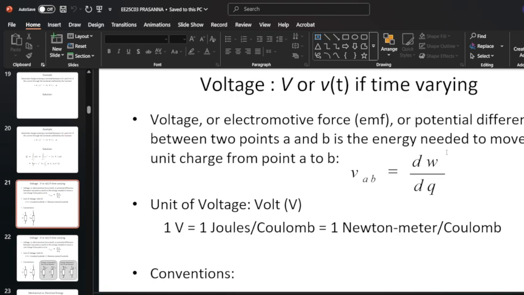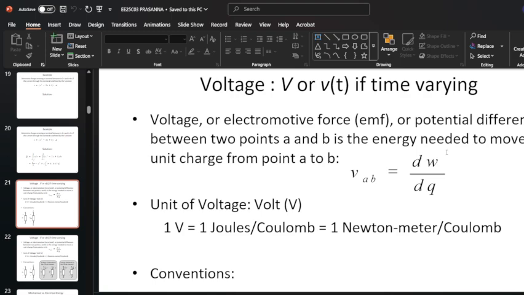Consider one unit of charge moved from one point to another point, we give some force, that is a potential difference, otherwise called voltage or electromotive force.